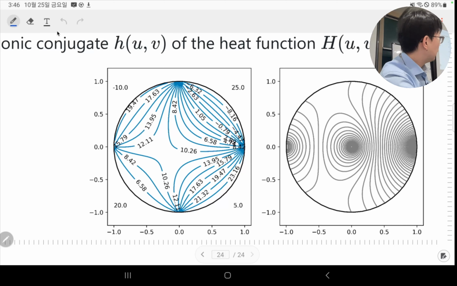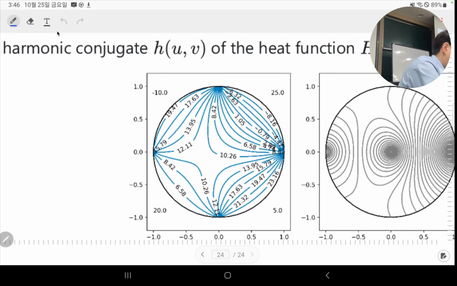Then try to get the heat map, the heat flow map, given the boundary values. So your boundary value has to be given first, then try to find out what the heat map looks like. You must find out which of these four points are mapped to which points on the upper plane.